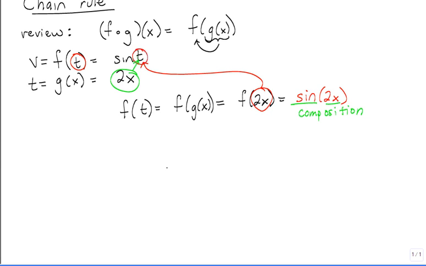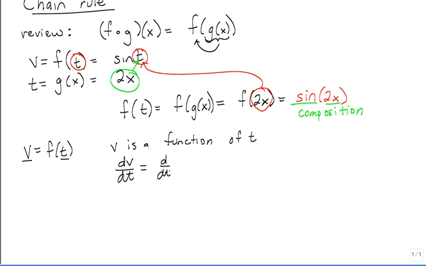So if we want to take the derivative of this, if we have v equal to f of t, that means v is a function of t. So we have dv dt to be the derivative, and the derivative of our function is the derivative of sine, which is cosine.